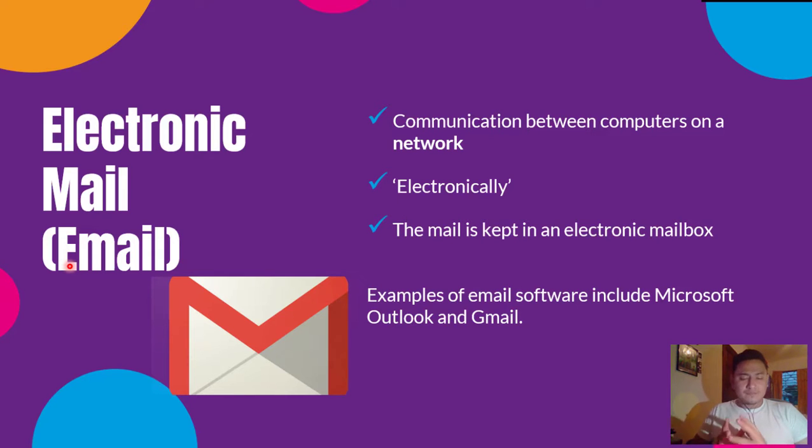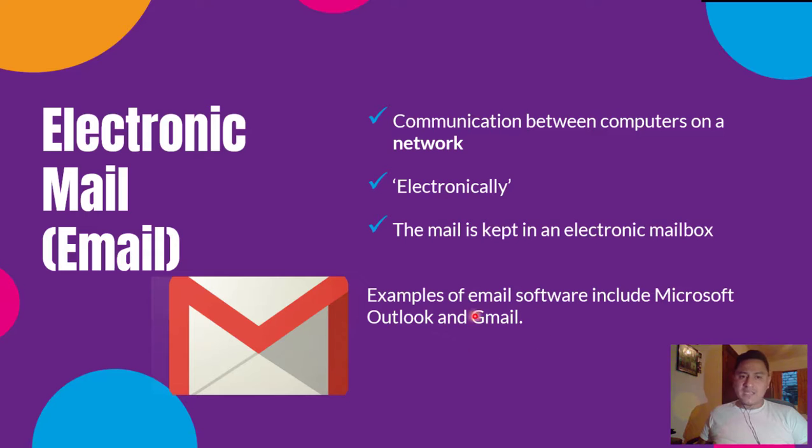Whenever you send an email to someone else, the email is then kept in something called an electronic mailbox. Examples of these are Microsoft Outlook, which maybe you haven't heard before, or Gmail. Gmail is the one that we use for Google Classroom.